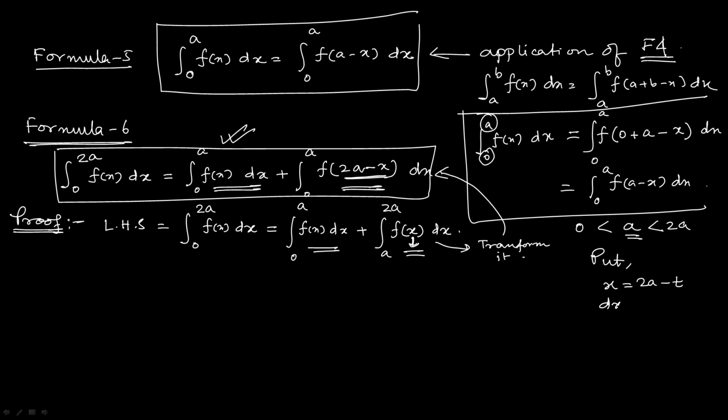So dx is equal to minus dt. Now from this, what I am getting, t is equal to 2a plus x.